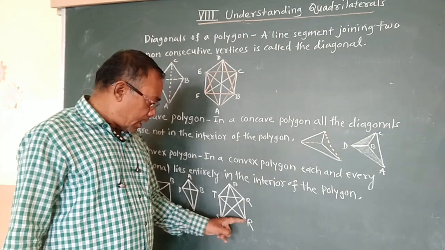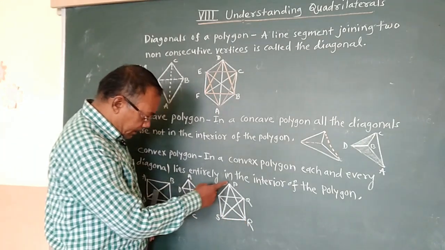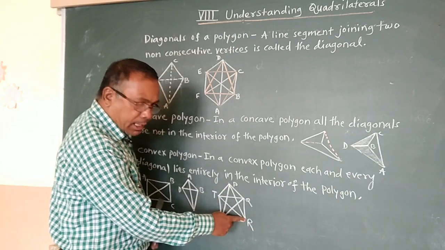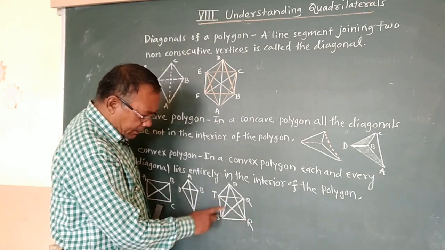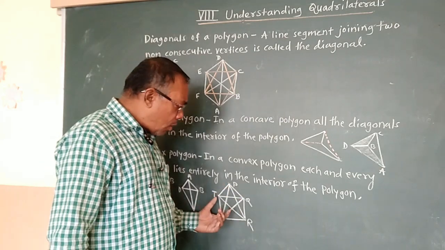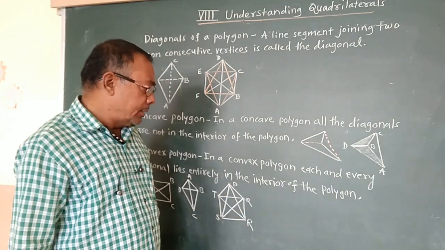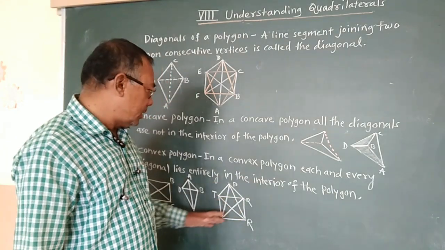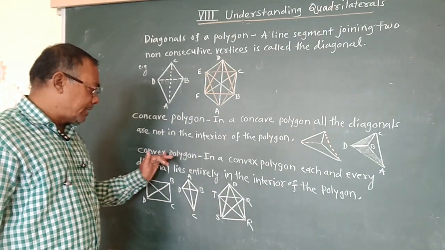Here PQRST is a pentagon, and here PS, PR, then TQ, TR, then PS and QS, all these diagonals are lying entirely in the interior of the polygon, and therefore such polygons are known as convex polygons.